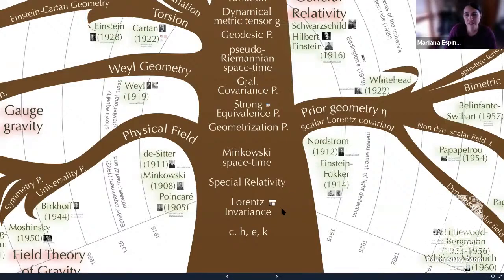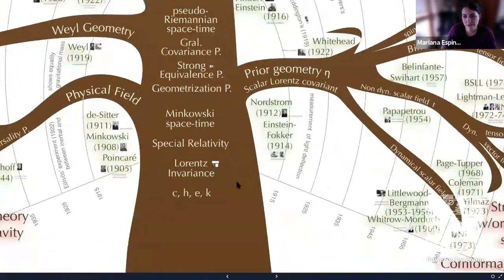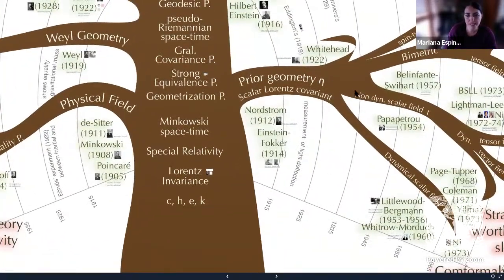So in the center of the tree, I put the main concepts, principles, and theories that would drive all of these other proposals. You have here the time series, which goes every 10 years, starting in 1905. You have in green the names of the authors and the date when the publication was made.